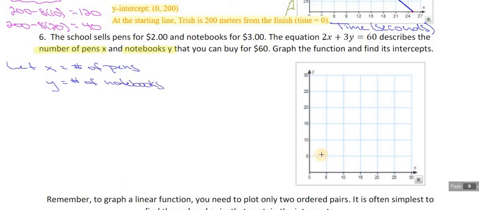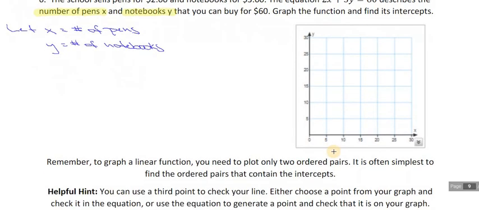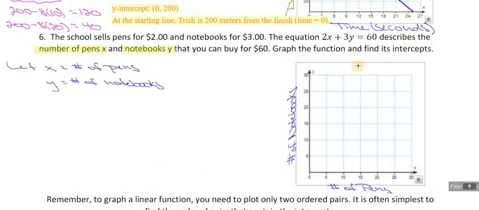So let's put that on our coordinate plane. So x is number of pens, y is number of notebooks, and the overall scenario is our supplies for $60.